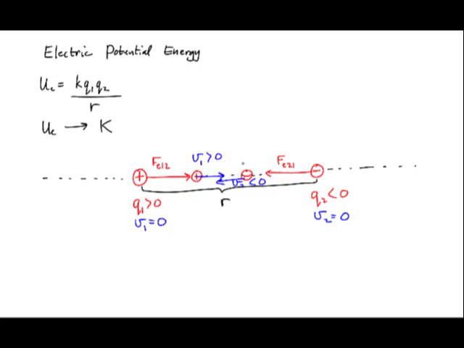The potential energy that was stored in the relative position was transformed into kinetic energy, that is the energy of relative motion. And that's because the distance between the charges was allowed to change. If you change the distance between these two charges, you will change their potential energy.